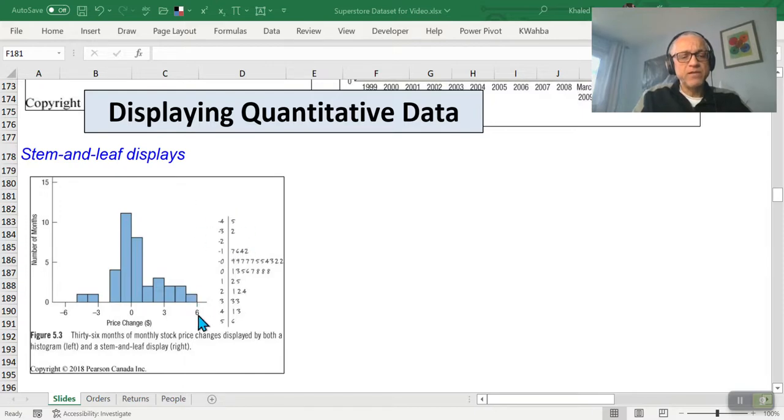You can see here on the right-hand side of this picture some handwritten representations of data that look like the histogram we know on the left-hand side, but in a horizontal way. And in fact they are presented using the original data.